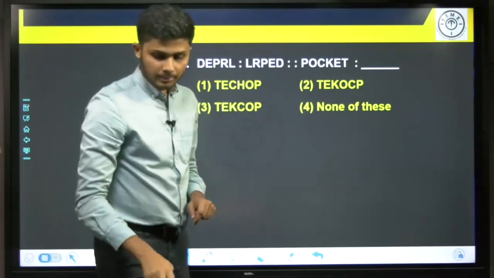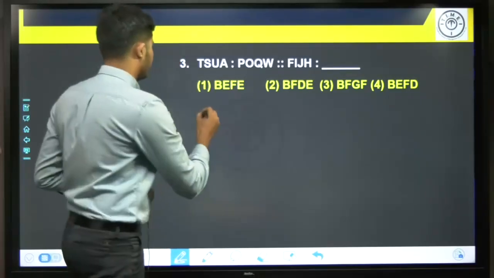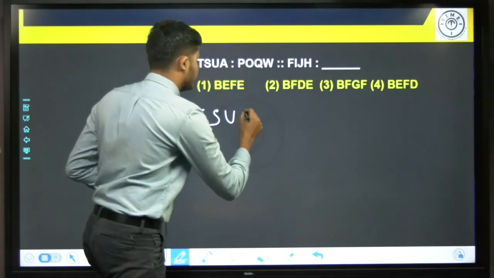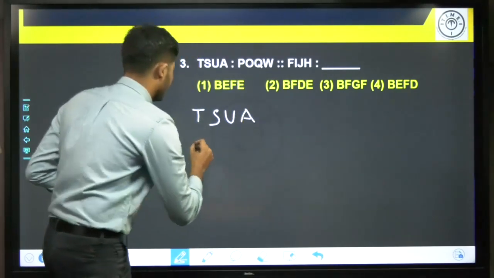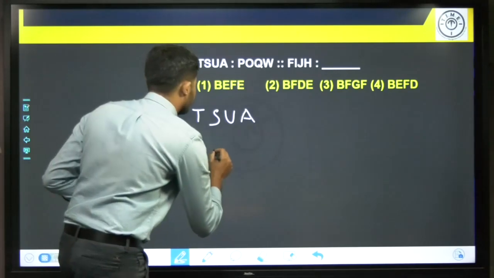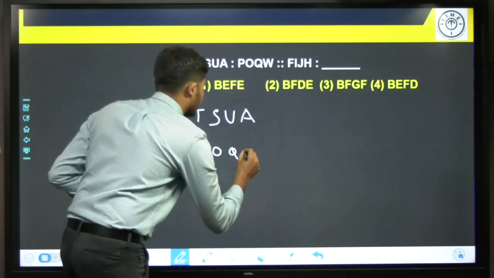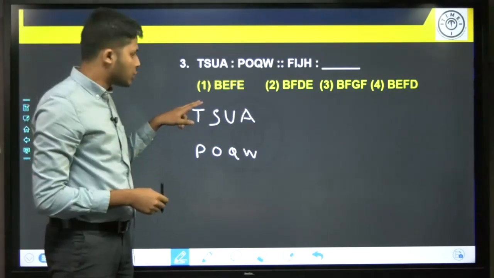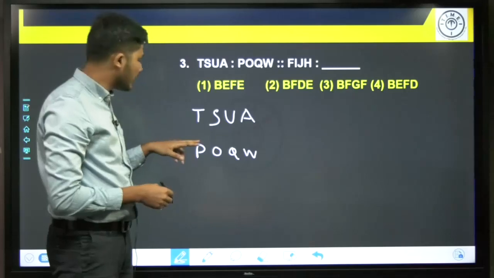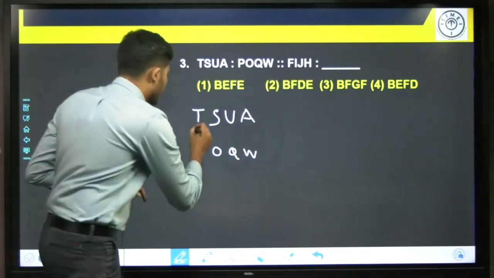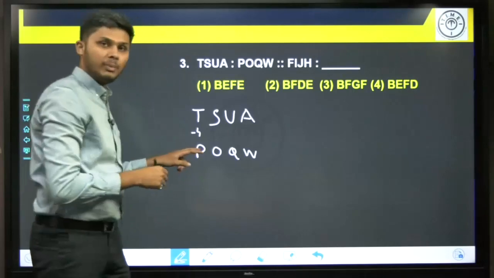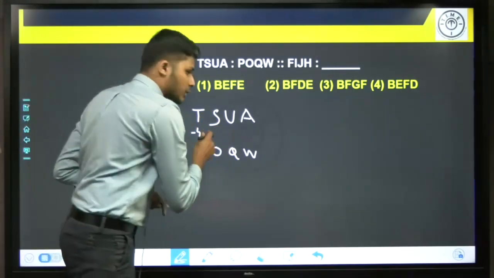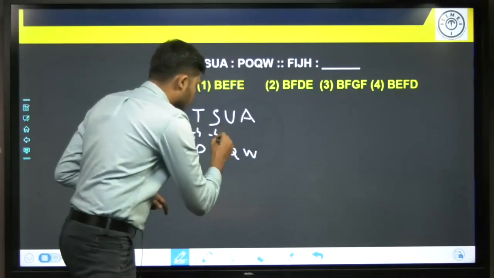Let's look at the third question. T S U A, P O Q and W. Here we can see T, the place value of T is 20, 20 minus 4 is 16, and the place value of P is 16, hence T minus 4 is P. The place value of S is 19, 19 minus 4 is O, which is 15, this is also minus 4.